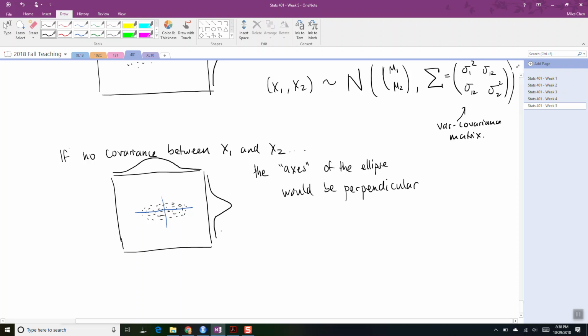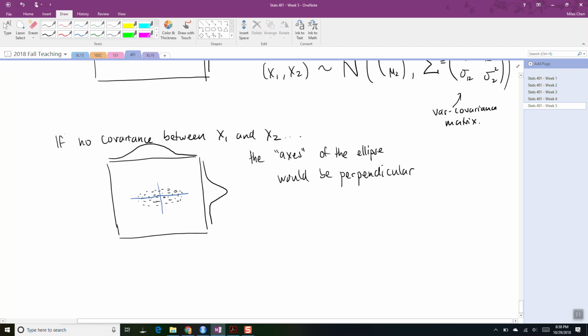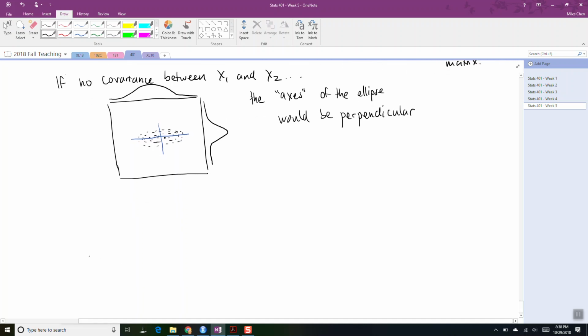So one normal distribution could be more pointy than the other. They're still normal, and there's no covariance between the two. Anyway, the Bayesian classifier still works the same way.